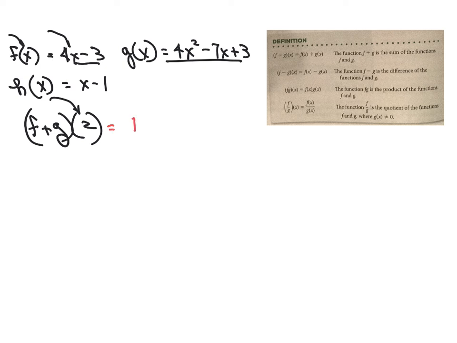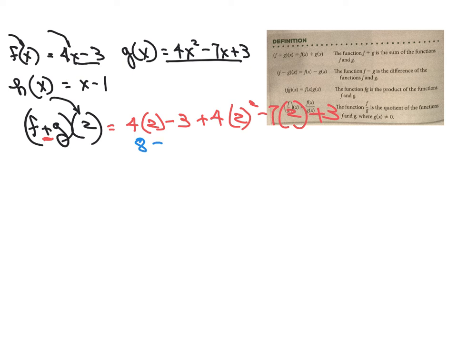So this is going to be 4 times 2 minus 3, and it says we're going to add 4 times 2 squared minus 7 times 2 plus 3. So what this number says here is wherever you see a variable, you're going to put this number in its place. So now we've got this whole string of numbers.